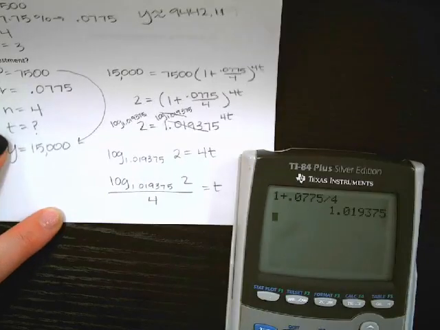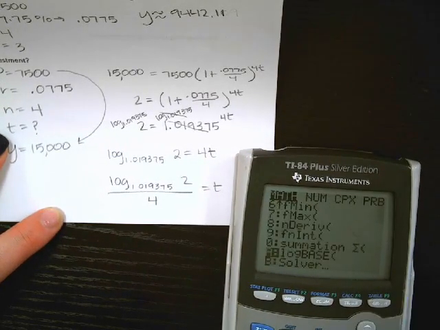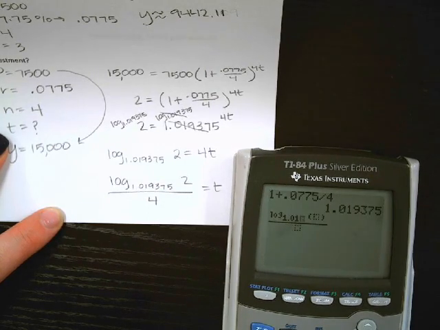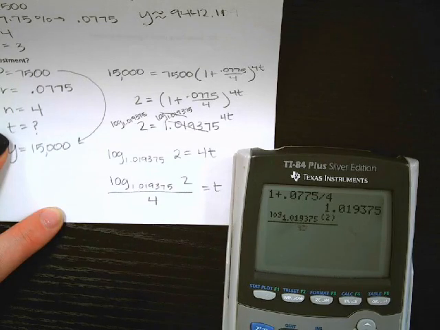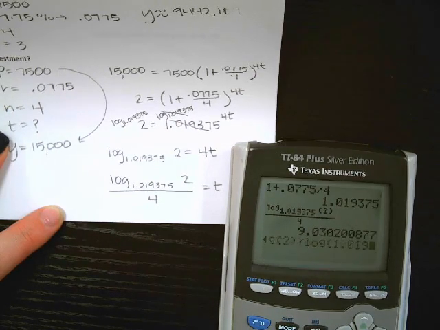Okay, so if I have a newer calculator, I can type this in as a fraction. If you have an older calculator, you're going to do log 2 divided by log of that decimal, and then you're going to divide it by 4.